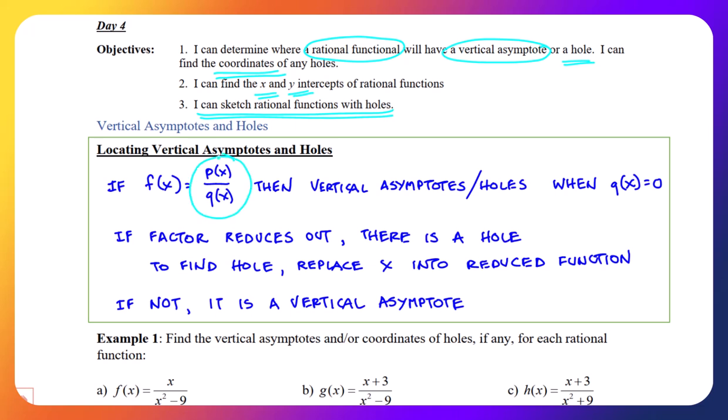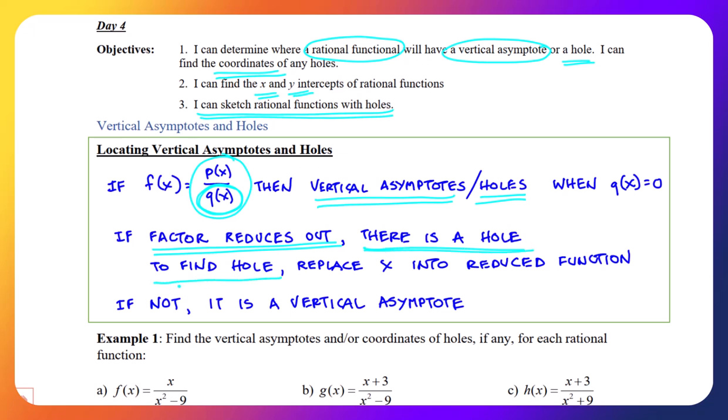So, rational function. The denominator gives us a clue as to whether we have a vertical asymptote or this new thing, a hole. If a factor reduces out of the numerator and denominator, I'm not going to say cancel, but that's kind of what happens, then there is a hole.